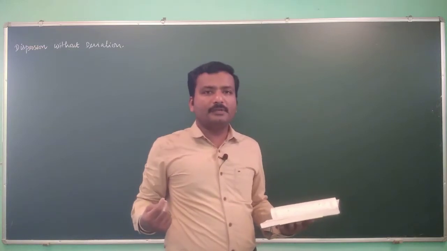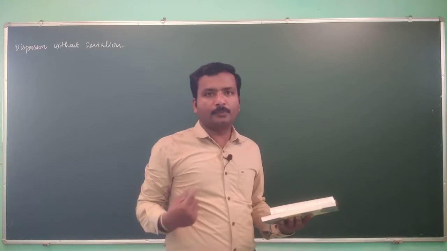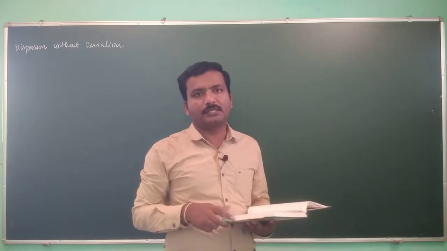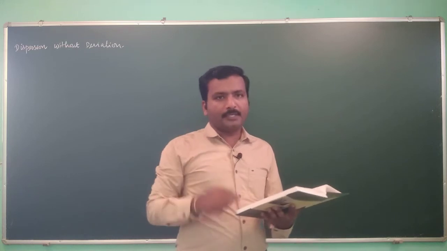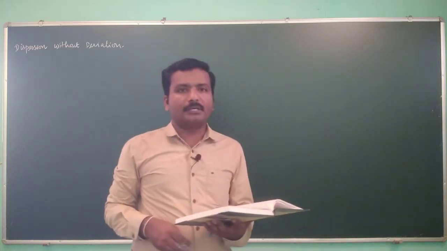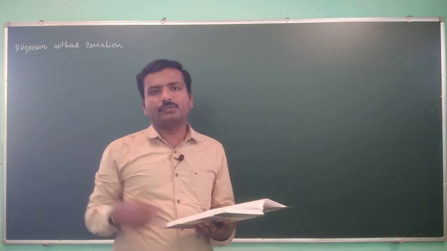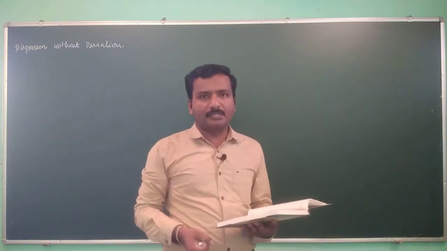Dispersion with no deviation means the input is white light, and the output has multiple colors, its constituent colors. One important application of this concept is the direct vision spectroscope. A direct vision spectroscope is a useful instrument for the qualitative analysis of the spectral lines present in white light.